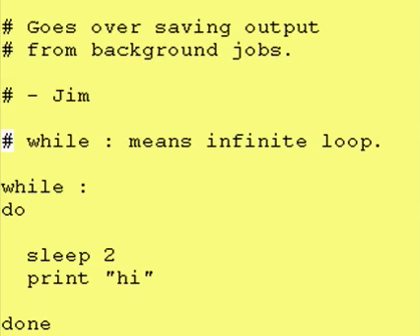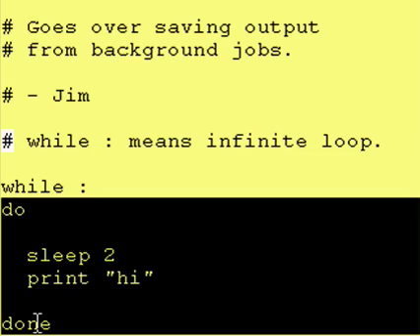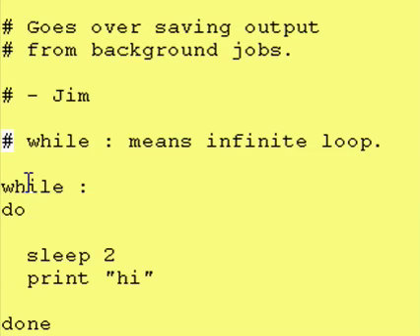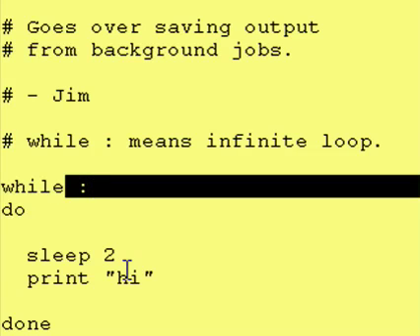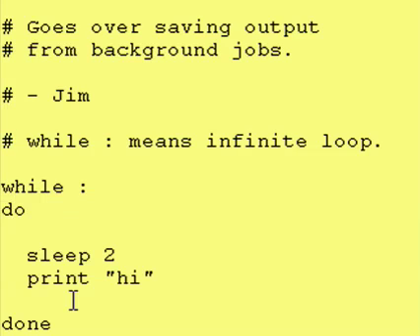So what happens is it goes to the while command, runs this test, sees it's true. So therefore it does everything between do and done, and then goes back up to the while command, sees that it's true, and does it over and over again.